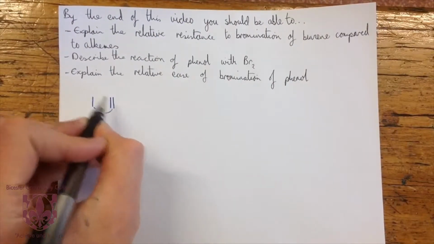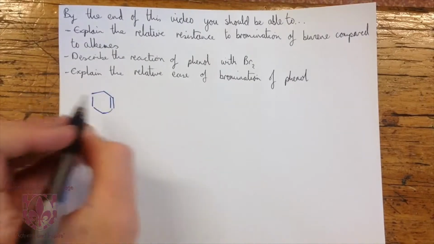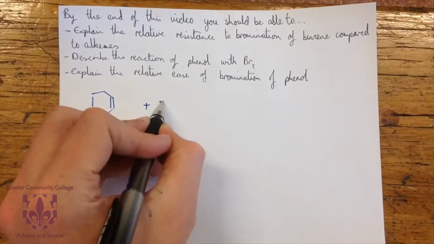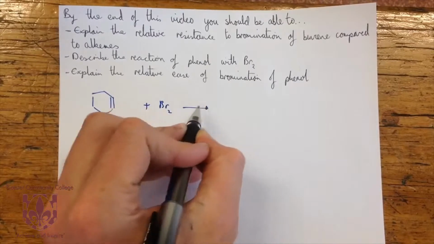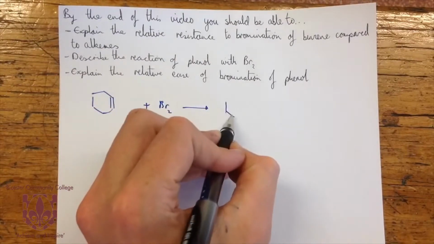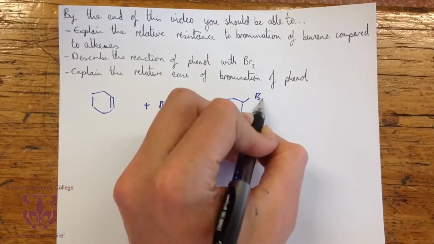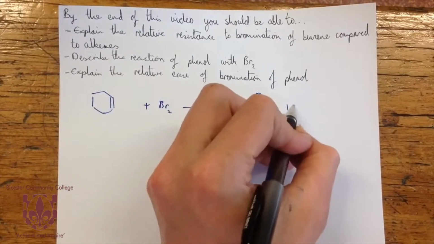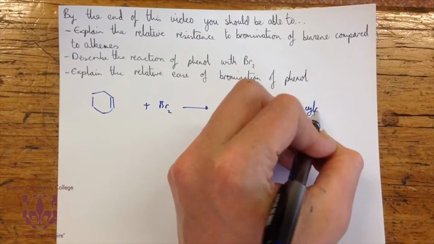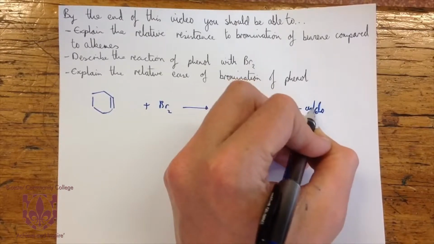Okay, so if you have cyclohexene and bromine, we form this product here, which is 1,2-dibromocyclohexane.